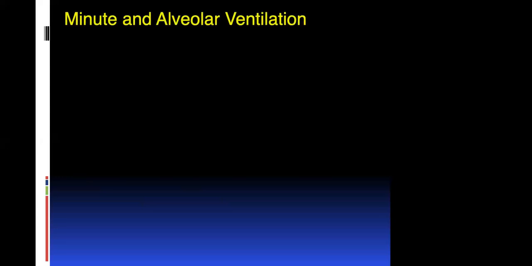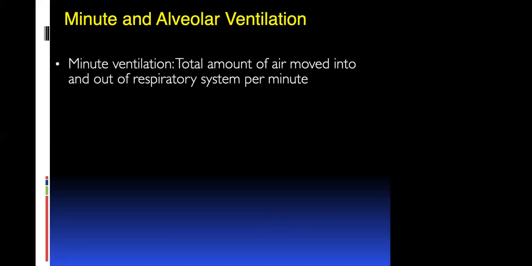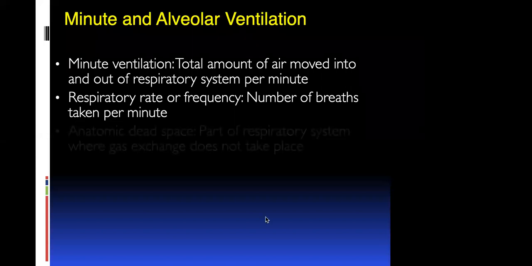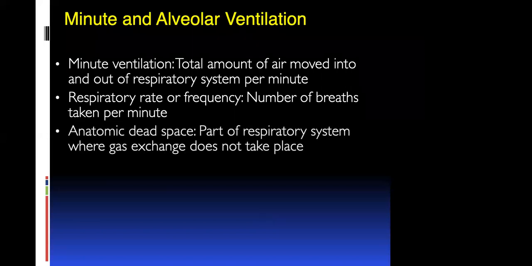Okay, what's the difference between minute and alveolar ventilation? Minute ventilation, I already mentioned to you, is the total amount of air that moves into the respiratory system per minute. At rest, it's about 6 liters per minute. This is derived from the tidal volume times the number of breaths per minute. But part of the respiratory system is not in contact with the alveoli. So when we take that 500 mL, not all of that 500 mL reaches the alveoli.